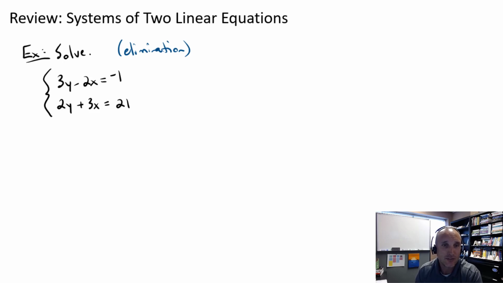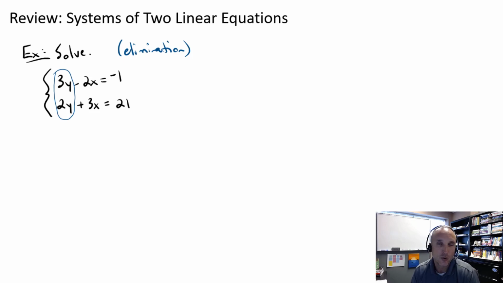Now, I have to decide if I want to eliminate my y's or my x's. And so let's say I want to eliminate the y's here. Then I have to turn my coefficients 3 and 2 into the same coefficient with opposite signs. And we do this by multiplying each equation on both sides by a number.